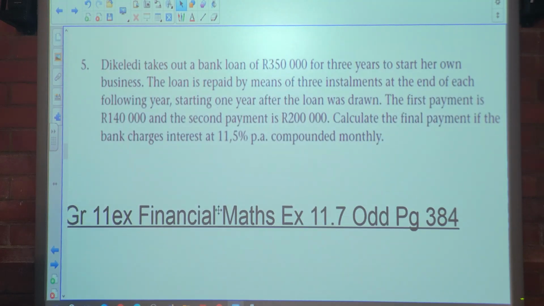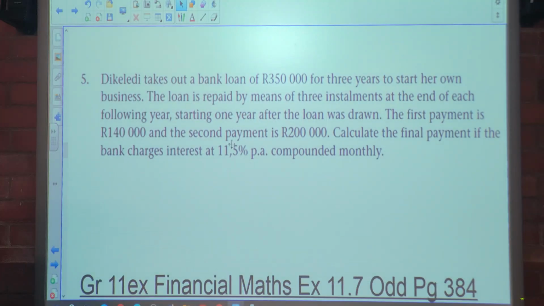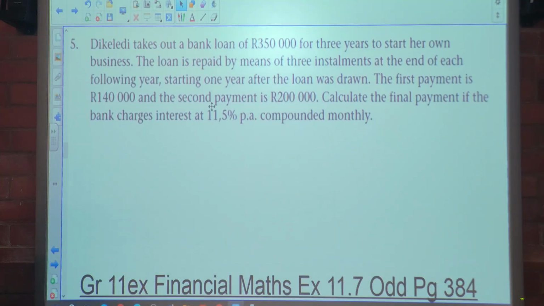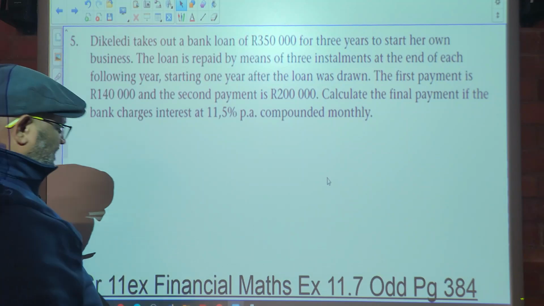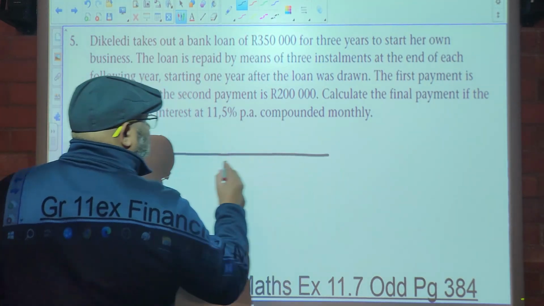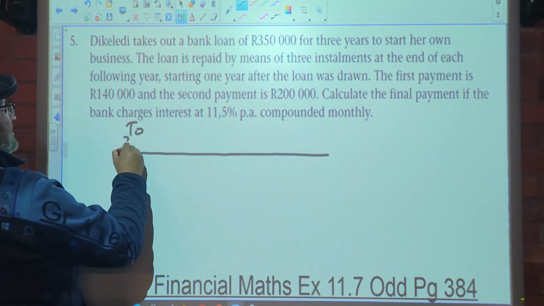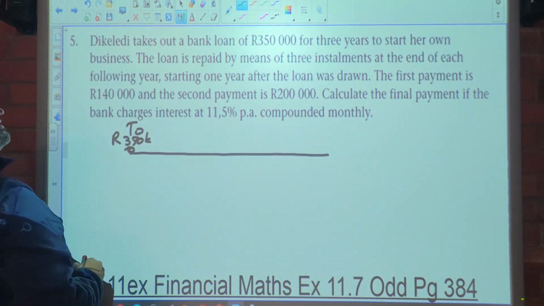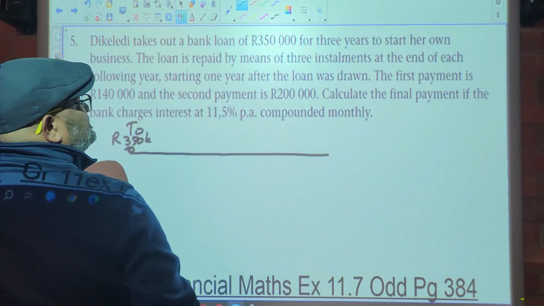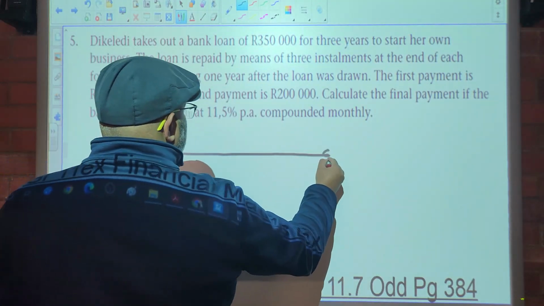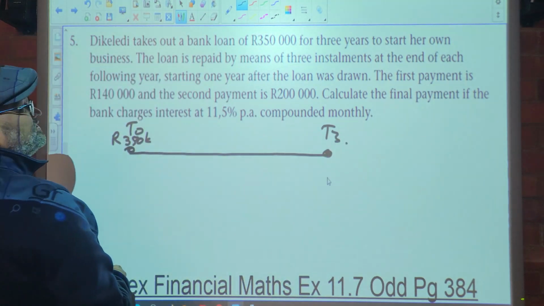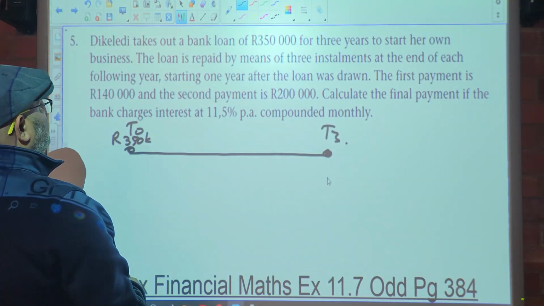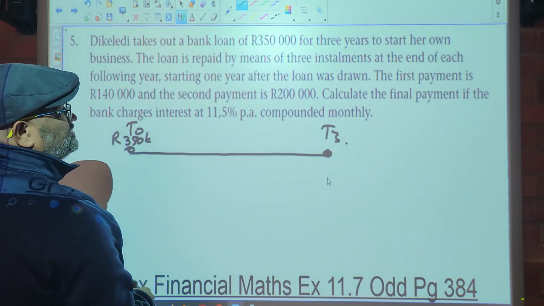Look at number 5. Dikeledi. Is that correct? Dikeledi takes out a bank loan of 350,000 rand for 3 years to start her own business. The loan is repaid by means of 3 installments at the end of each following year, starting 1 year after the loan was drawn.